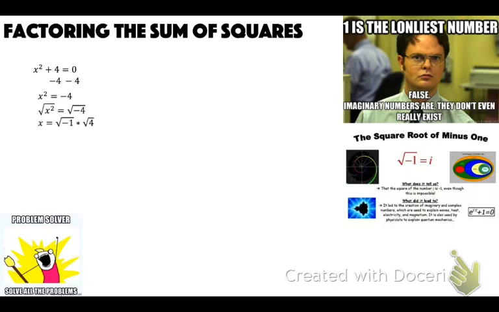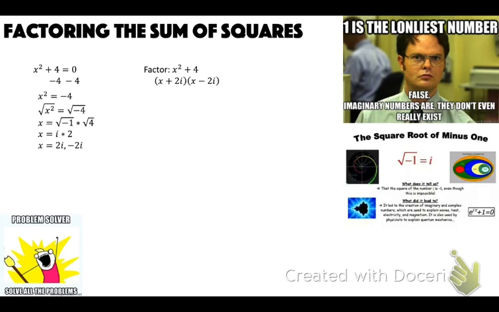Well, the square root of x squared is x, and the square root of -4, I can break up to be the square root of -1 and the square root of 4, which the square root of -1 is i, I just looked at that over here, and the square root of 4 is 2, so that means x equals 2i. That's where the i's come in, okay, and also -2i. So if we were to factor x squared plus 4, it would be x plus 2i and x minus 2i.